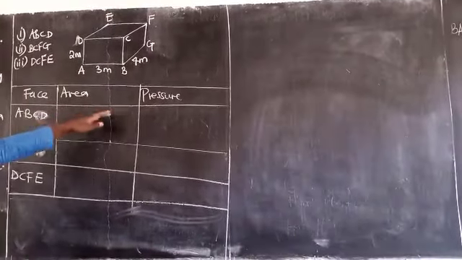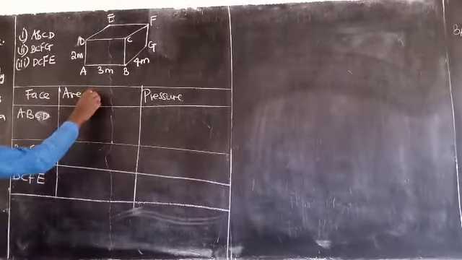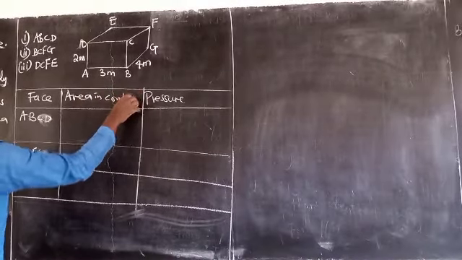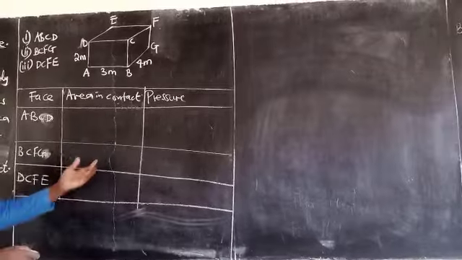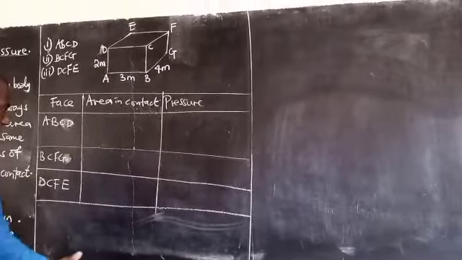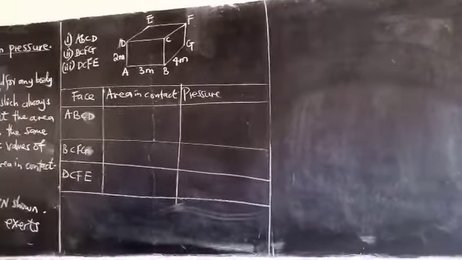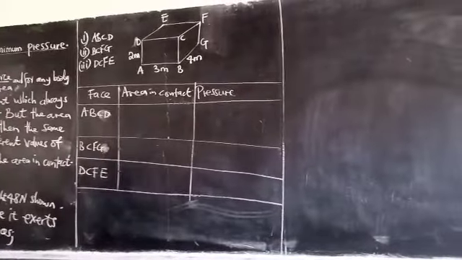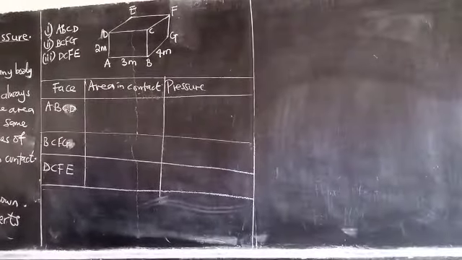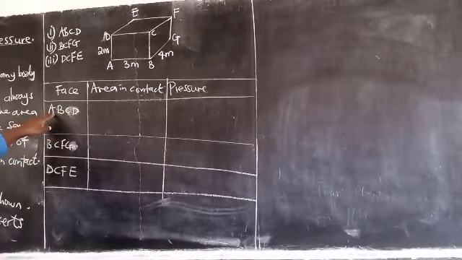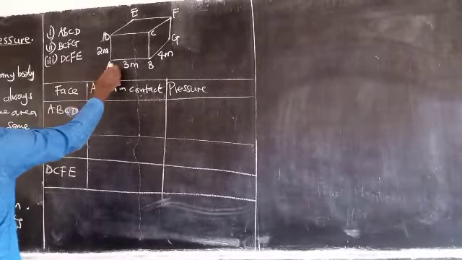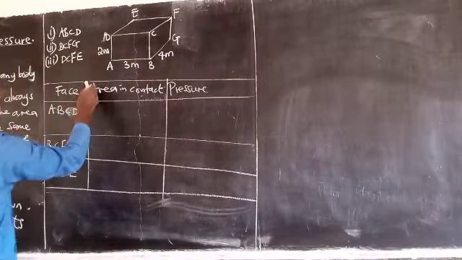This is the area in contact with the surface. Then for each area, we shall calculate the pressure. Let's begin. The area in contact of face ABCD.